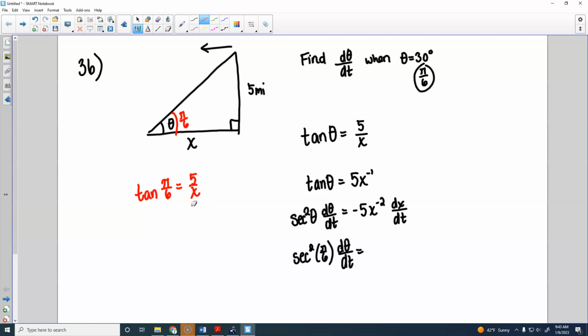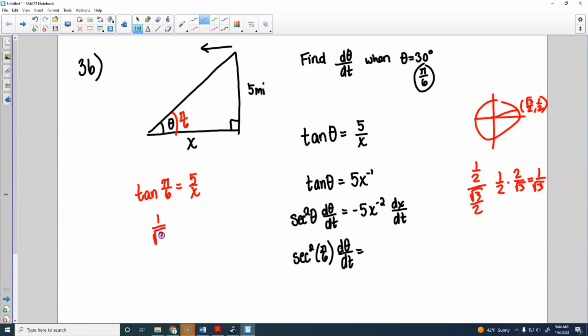Tangent of pi over 6, right here, this is root 3 over 2, 1/2, sine over cosine. One over root 3 is 5 over x.